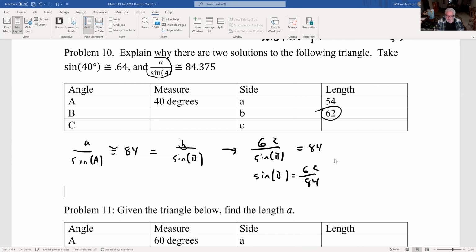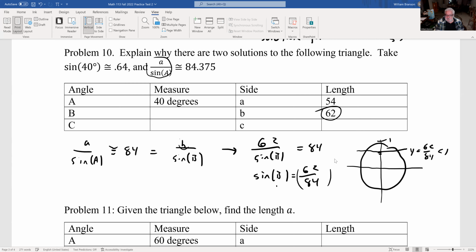And remember what we were saying above, if you take the unit circle and you take a particular y value, say y equals 62 over 84, and that's less than 1. Remember the top of the unit circle is 1. So in here somewhere there's a y value. How many solutions are there to sine of something equals 62 over 84?